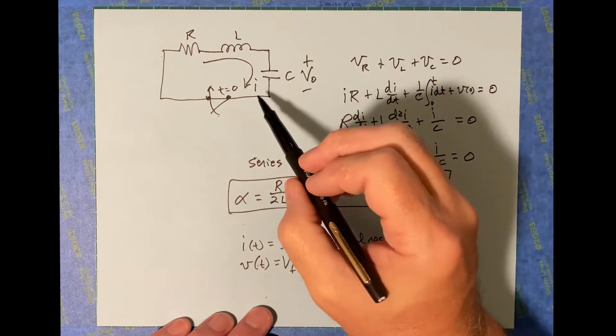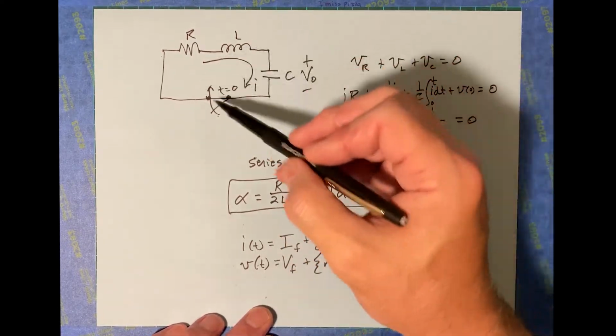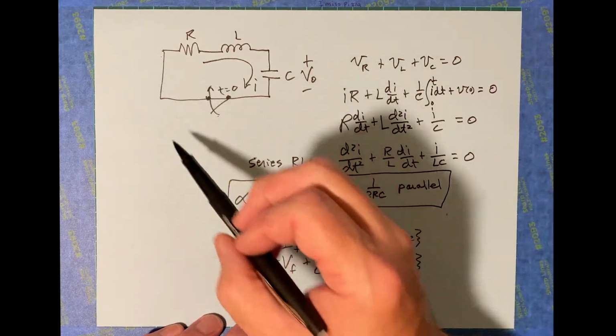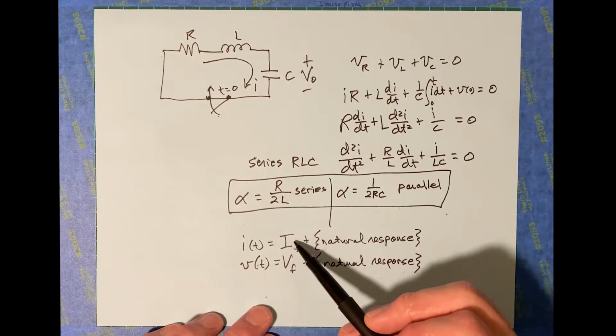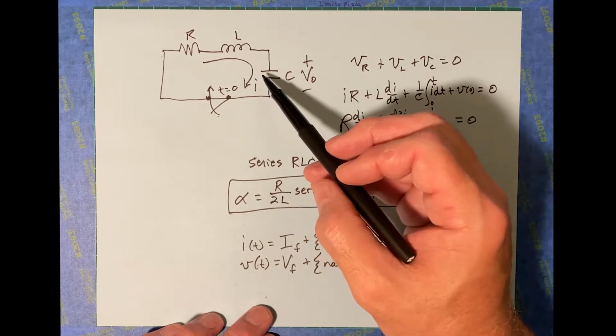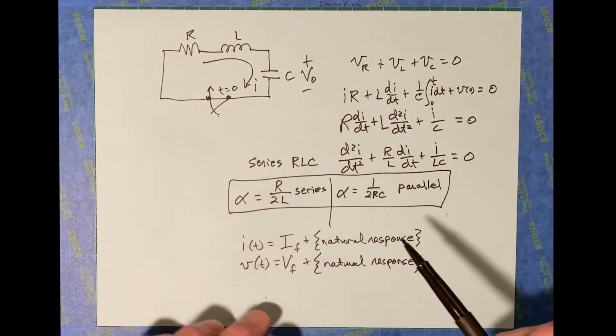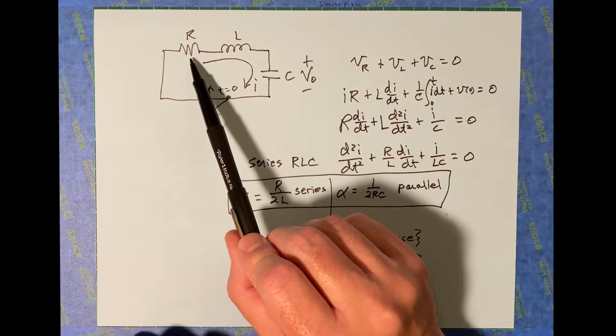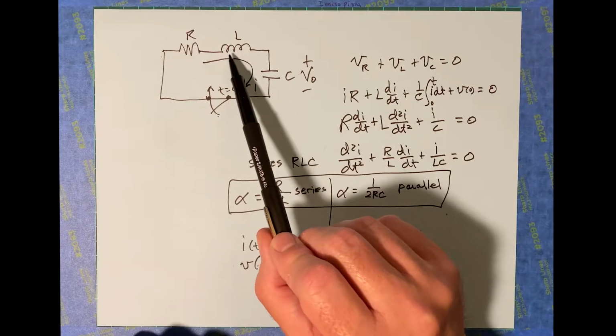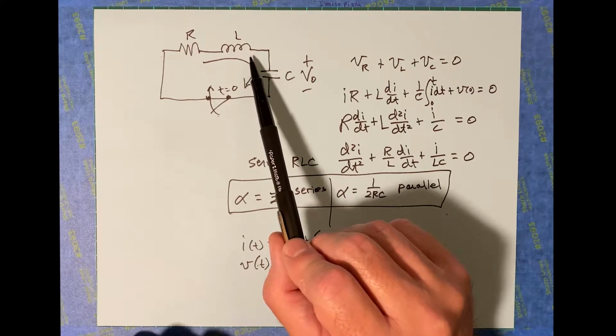All right, now this is the natural response type. There's not a voltage source in here, so the final current here is going to be 0. The final voltage across everything depends though. Final voltage across this is going to be 0 once the current dies. Final voltage across that is going to be 0 once the current dies.